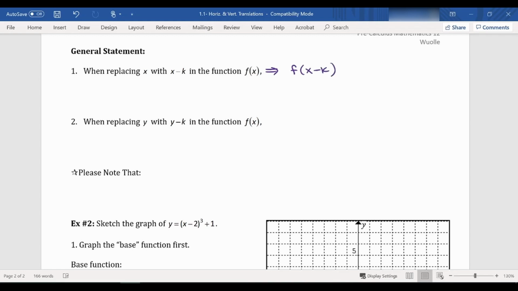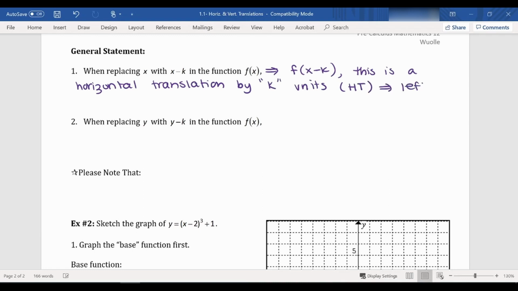This is a horizontal translation, meaning left or right. Often you will see this written as HT for horizontal translation by k units. So this means left or right.